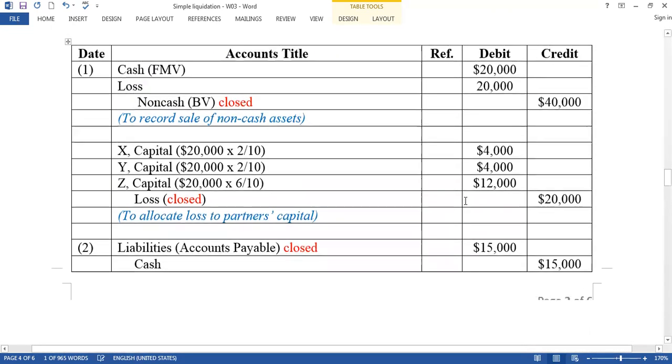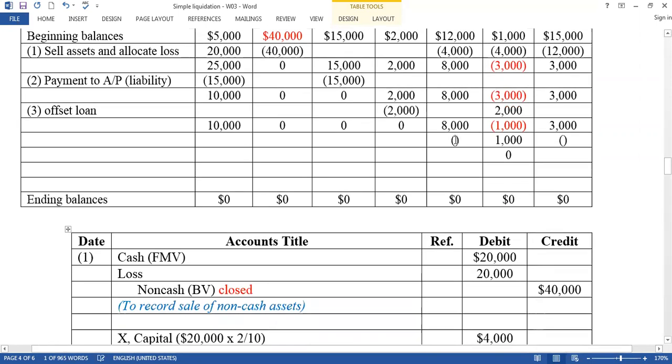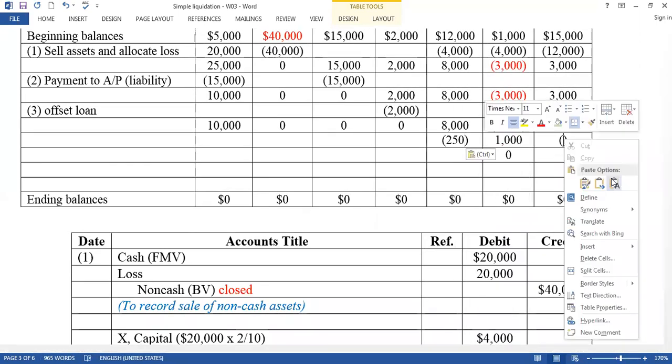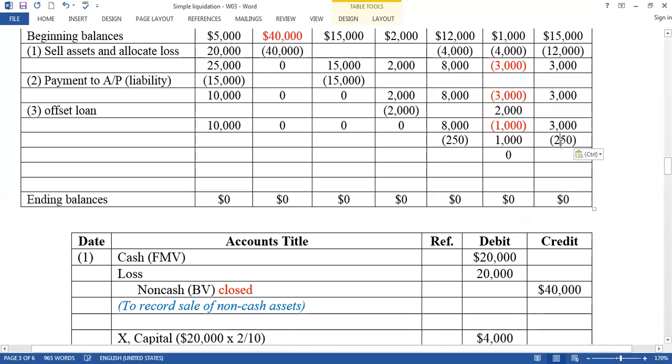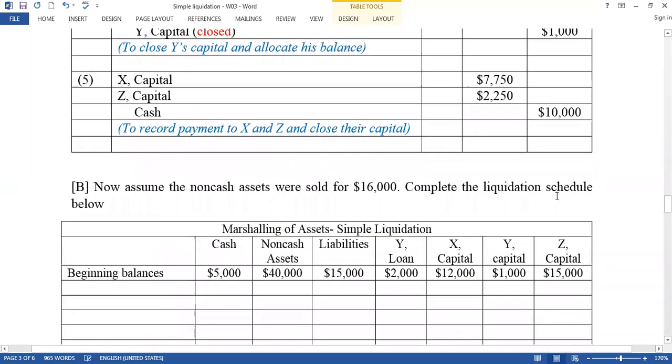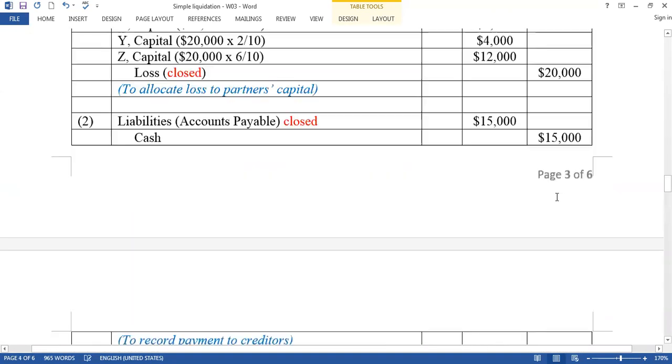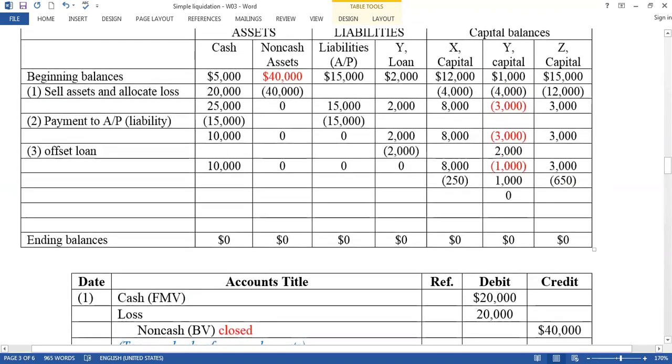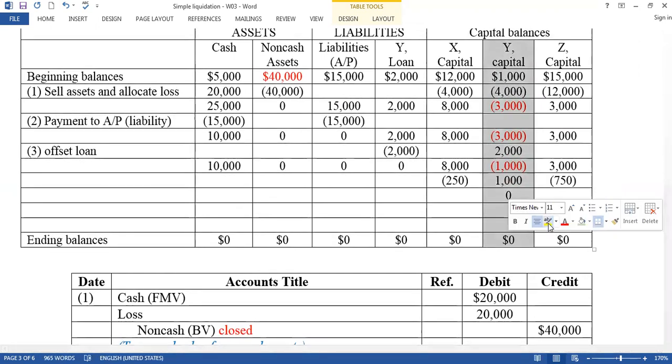So you can see here, this is going to decrease and this is going to decrease 750. Yes, 1,000. So Y already closed.